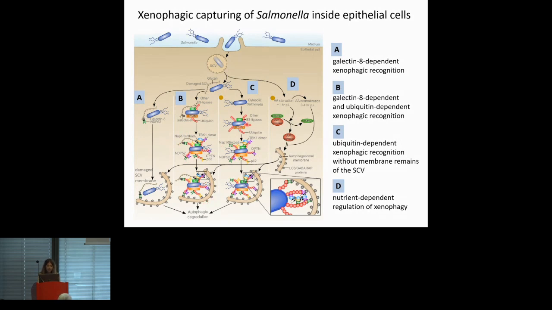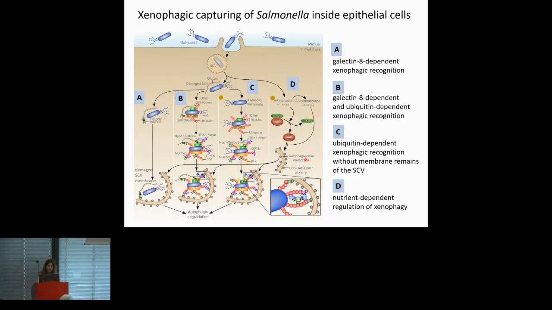The third pathway is only ubiquitin dependent. You see there are many more processes involved, but I will not go into detail here. In order to bind to the autophagosomal membrane, the damaged Salmonella-containing vacuole membrane is not part of that pathway.